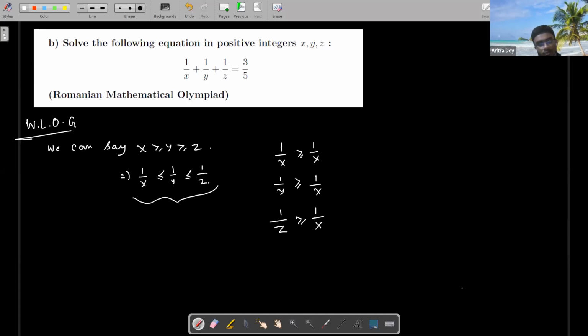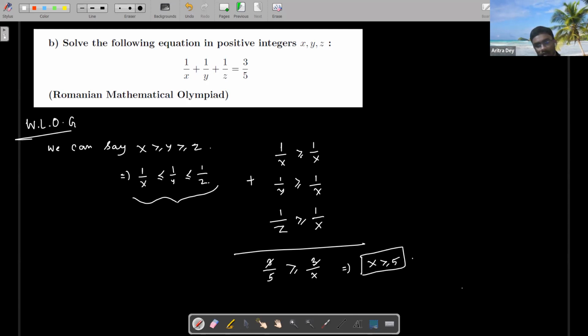And if we sum it up, we know that this sum is equal to 3 by 5. So this is basically 3 by 5, which is greater than or equal to 3 by x. And that implies, the 3 cancels out in simple words, that x has to be greater than or equal to 5.